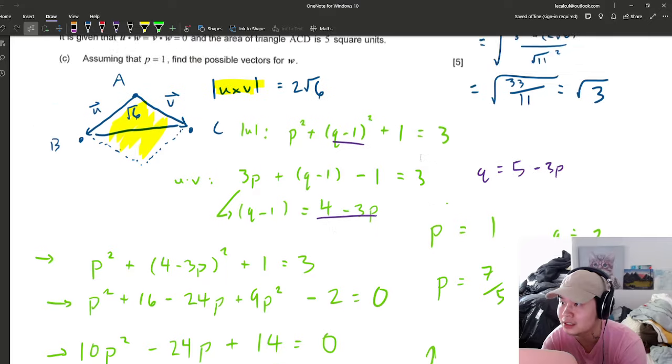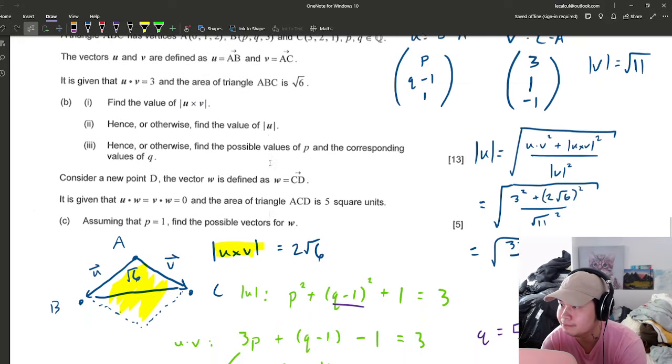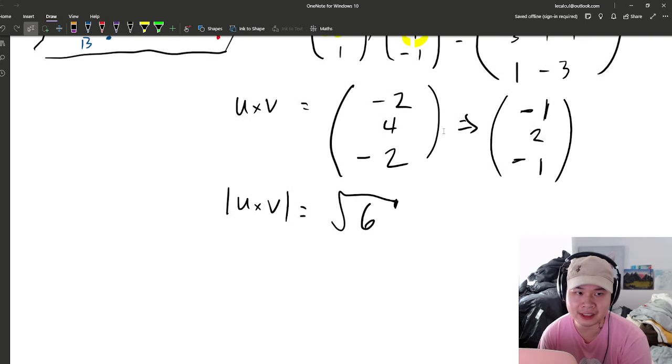They told us earlier, right here. Or, well, okay, it's not technically U cross V, but you know what I mean. U cross V is this one, which is why it should have been 2 root 6, but we'll just say this instead. As you can see, this is root 6.